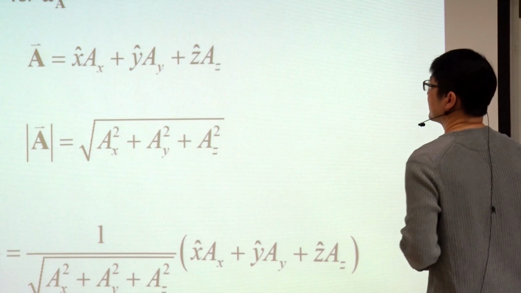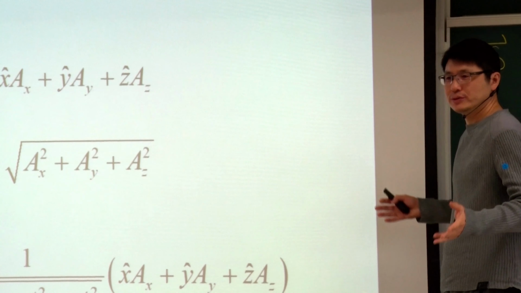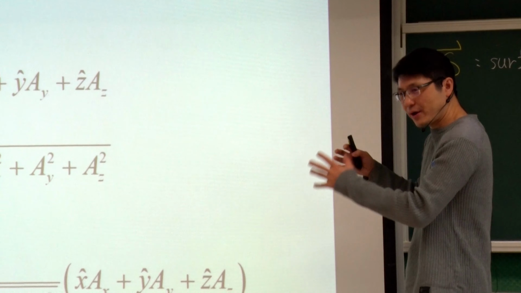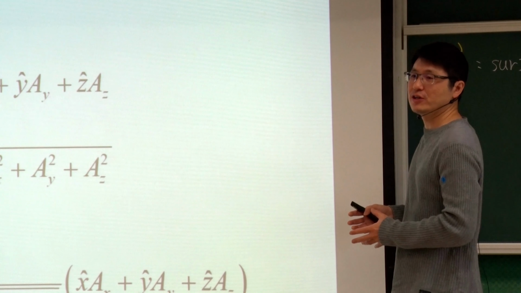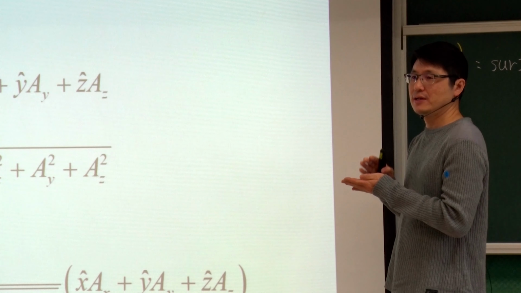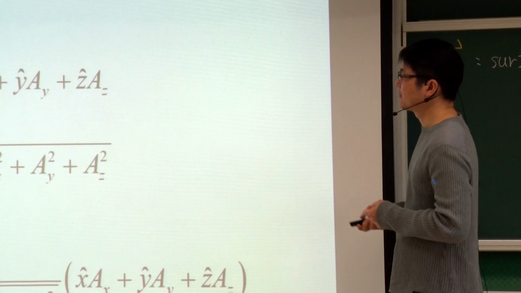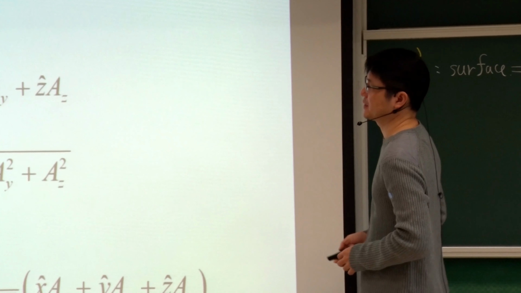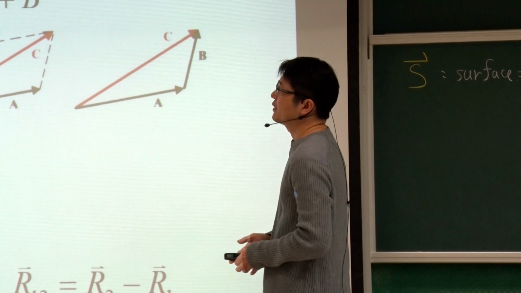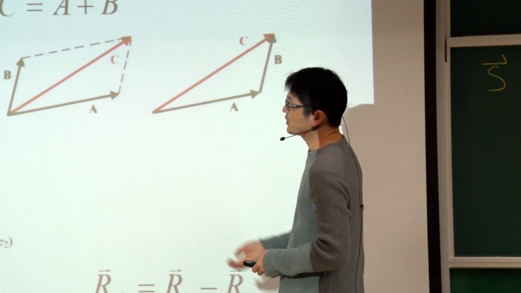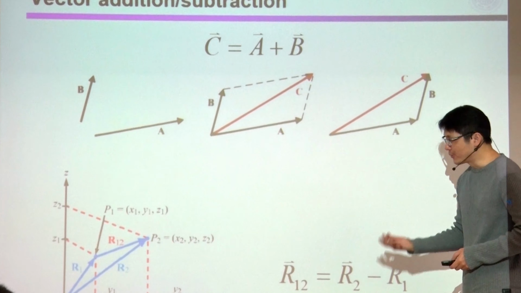Okay. I'm going very slow, and I know you know this already, but we are trying to build our knowledge on the very fundamental knowledge. Okay? On the very fundamental point. Alright, vector addition and subtraction, I think you already know that.